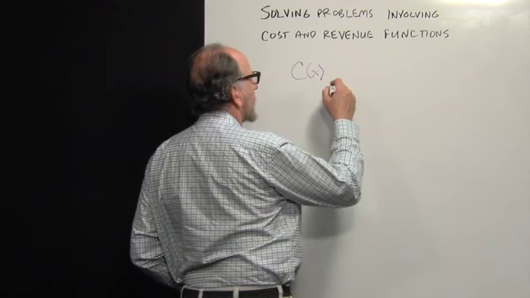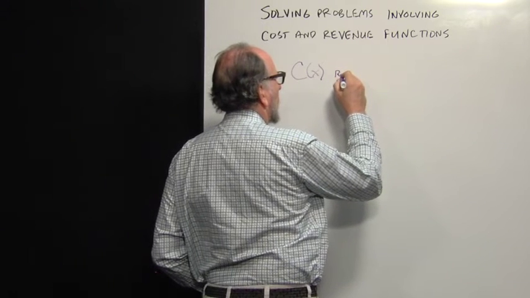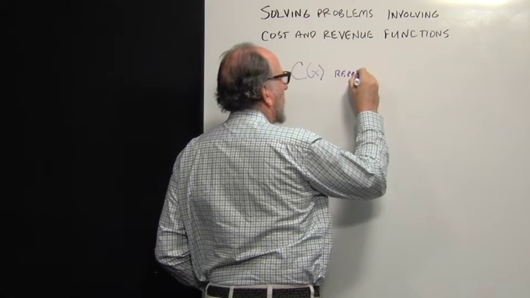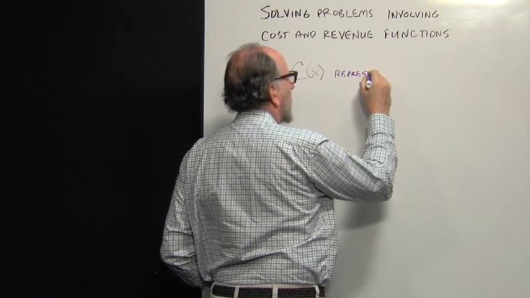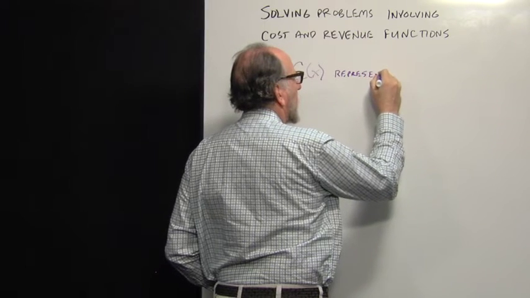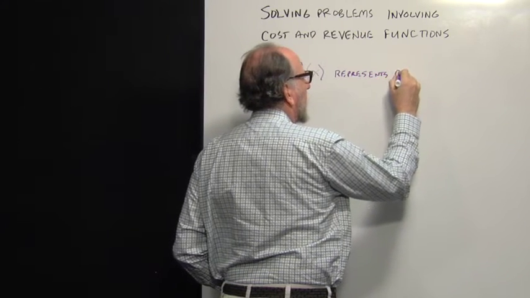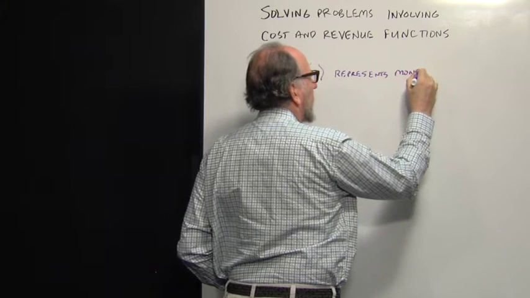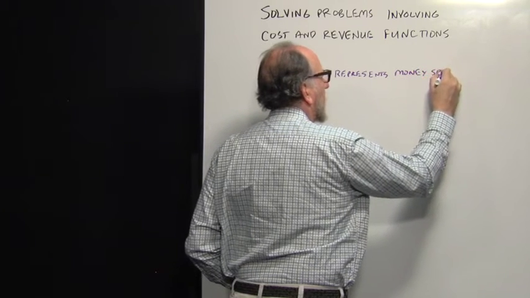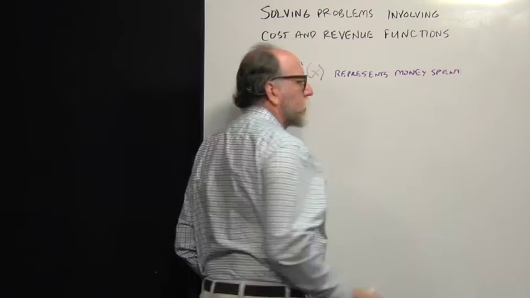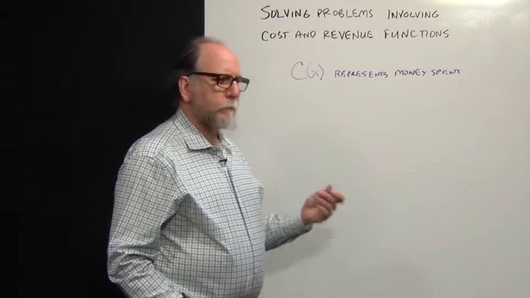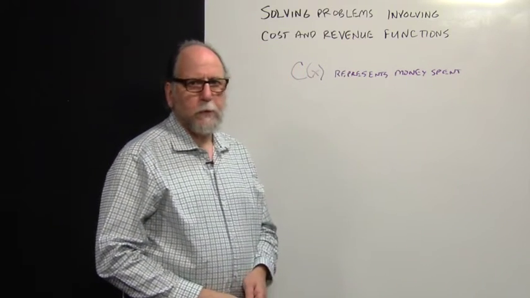And it represents the money that you need to spend, or the money that has been spent to create a product or start up a business or something like that.